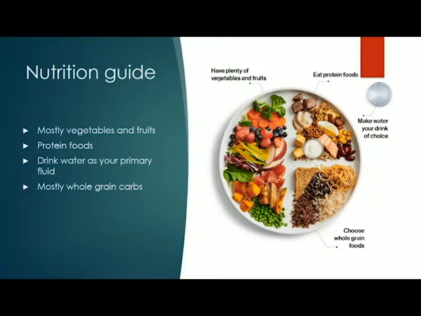Nutrition guide. So what do we have? This is, as I was saying, the Canadian, in my opinion. I think it's a bit better than, or more updated than, the Australian version. This is the Canadian Healthy Eating Guidelines. So what we have here is mostly vegetables and fruits, protein foods, as I was discussing, trying to drink water as your primary fluid.